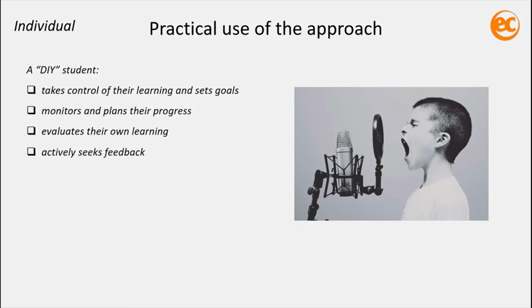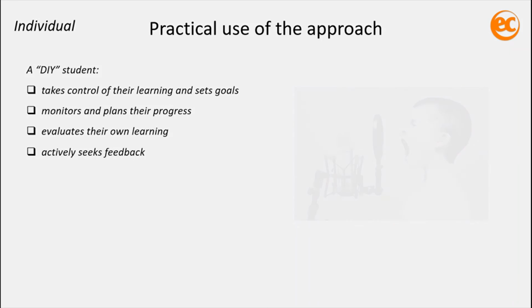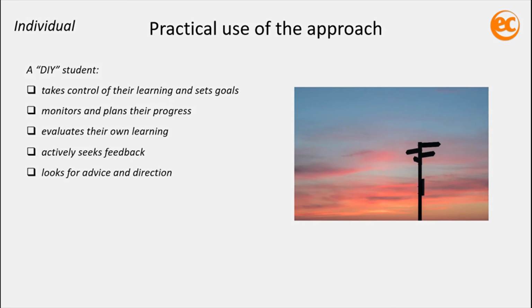A DIY student actively seeks feedback. So here we can encourage students to reflect on feedback and let them know that this is where much of their learning will happen. Of course, I'm not talking about the kind of feedback that you see in the picture, by the way, but actively seeking feedback is something that we can encourage as much as possible. So looking for advice and direction.